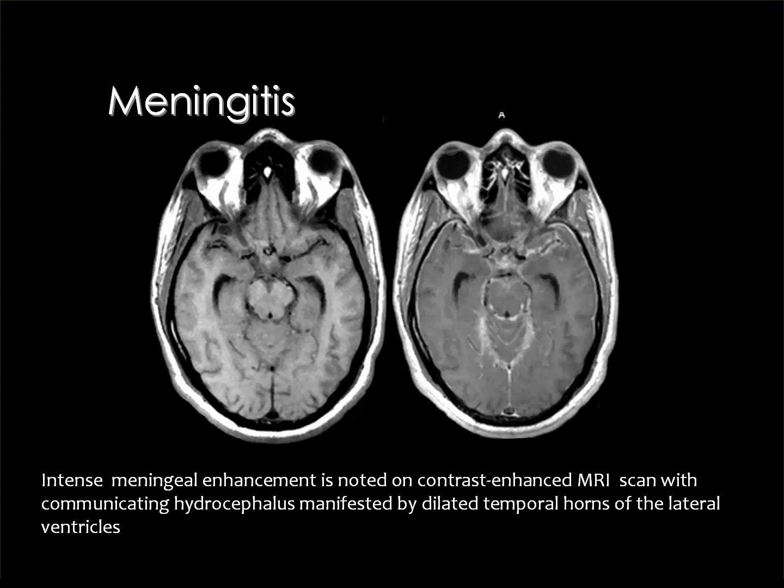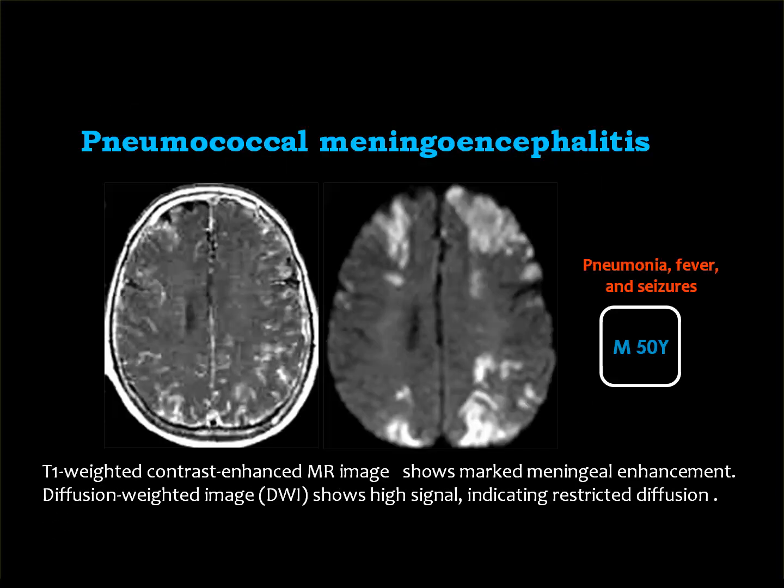But if the dura is inflamed, this is known as pachymeningitis. Many times, spread of the inflammation from the meninges to the brain tissue will result in this disease, meningoencephalitis.